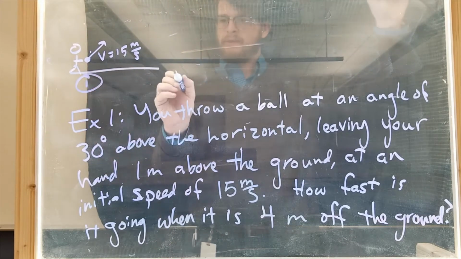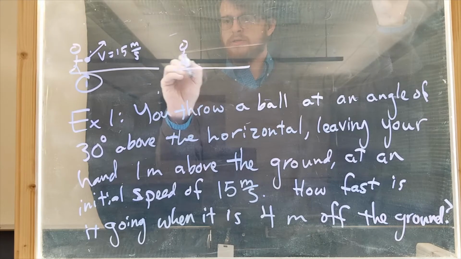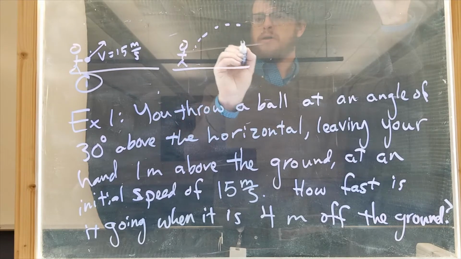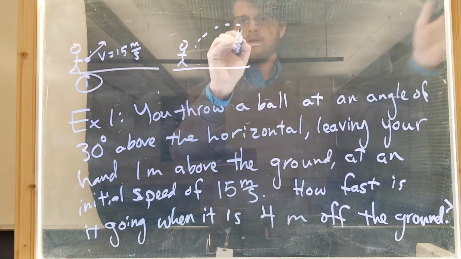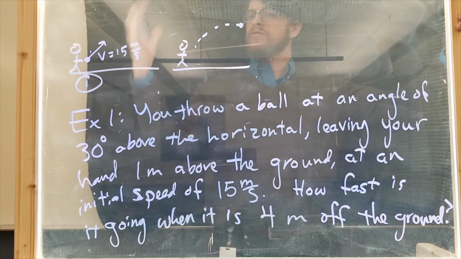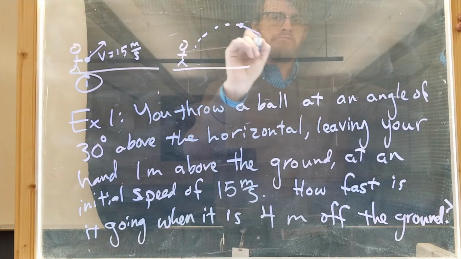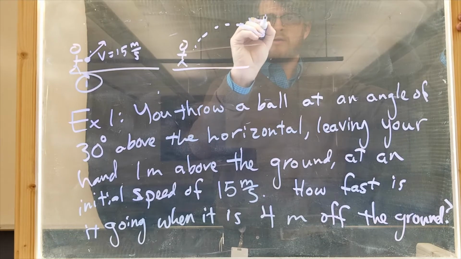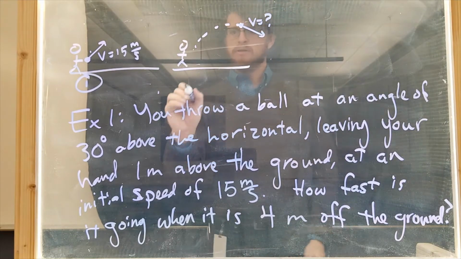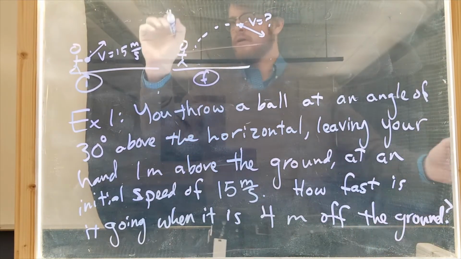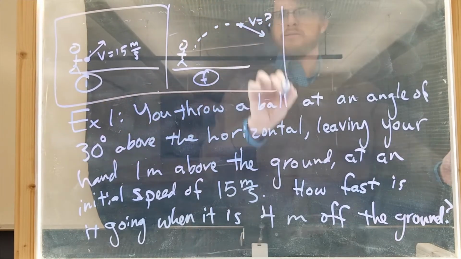In the final diagram, you're still here, the ball's gone quite a bit, and now it is 4 meters off the ground, so it's higher. I don't know if it's going up or down, so I'll pick arbitrarily. We want to know how fast it's going, v question mark.